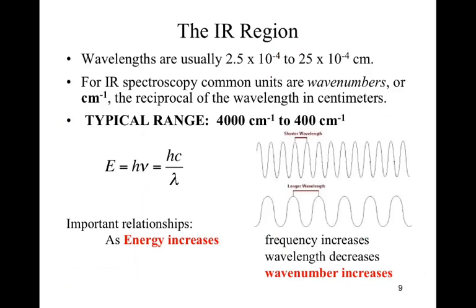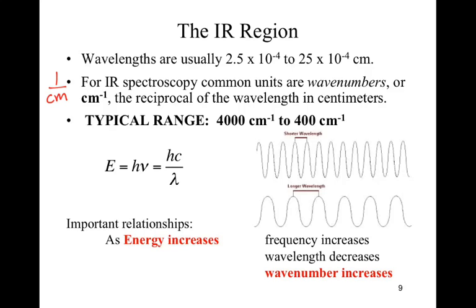I forget the historical reasons behind it, but IR spectroscopy uses wave numbers, which is the inverse of the wavelength, to determine the actual ranges. So when we start reporting where we see signals, what we're talking about is 1 over our wavelength for that energy signal. It's not the frequency, because the frequency and wavelength are related through Planck's constant and the speed of light. So it's close to it, but it's not exactly the same.